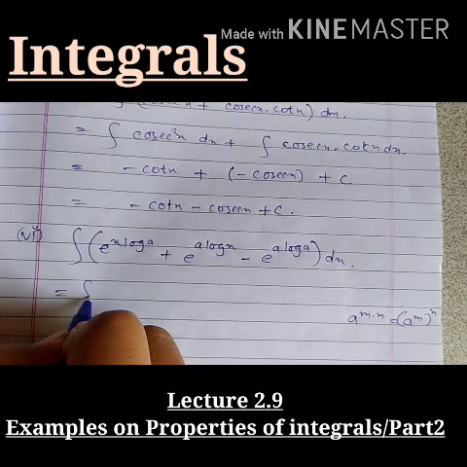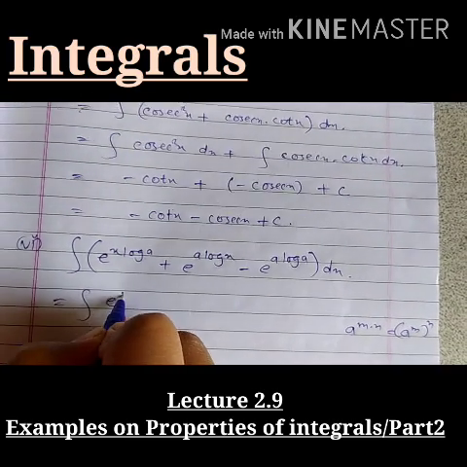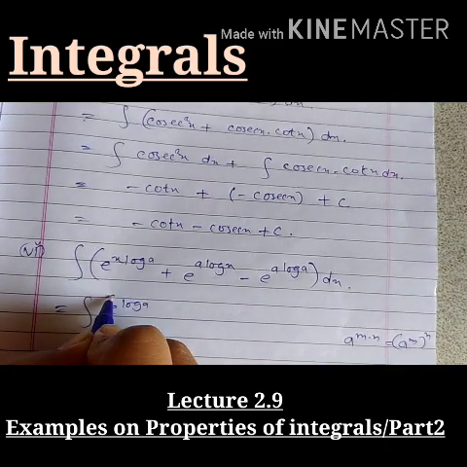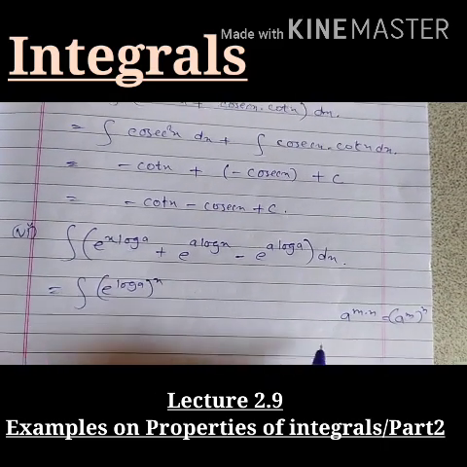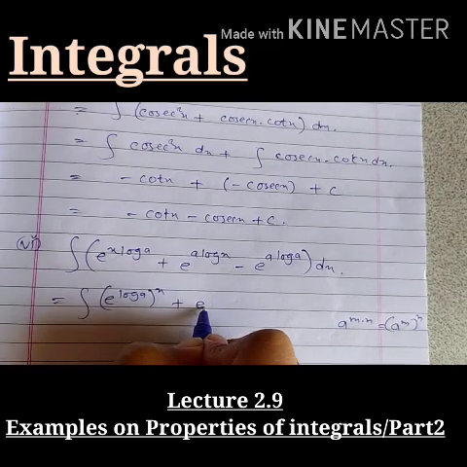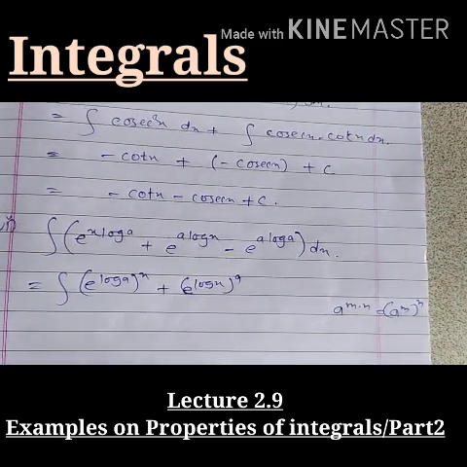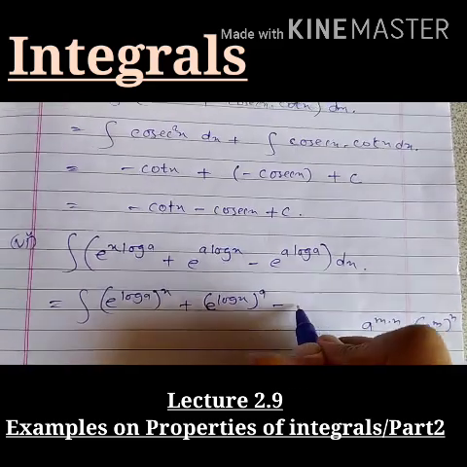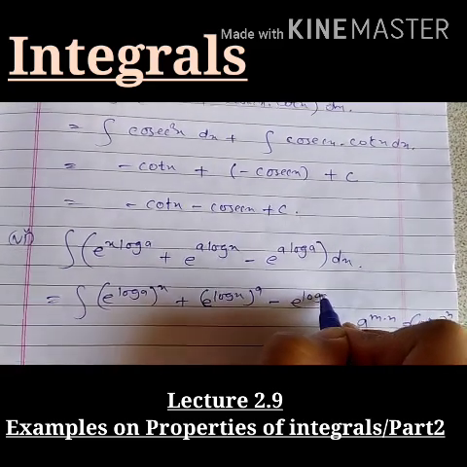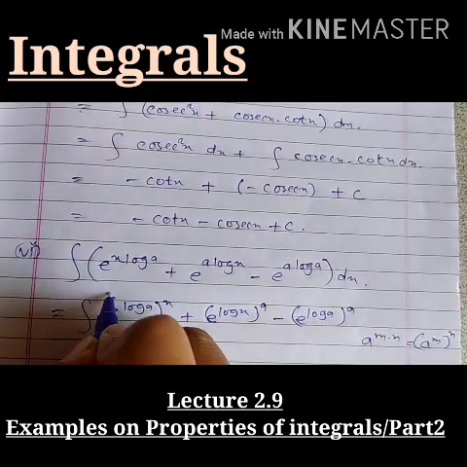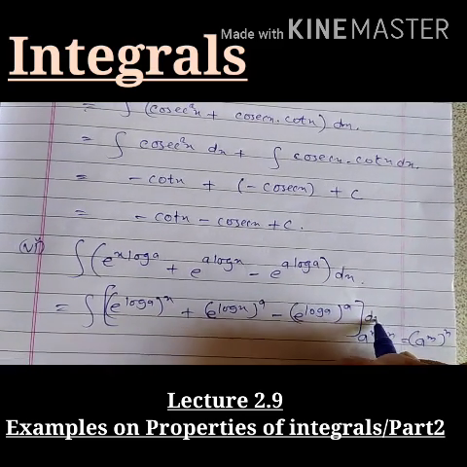It is equal to integration of e raised to log a raised to x, we can write, plus e raised to log x raised to a, okay, minus e raised to log a raised to a dx.